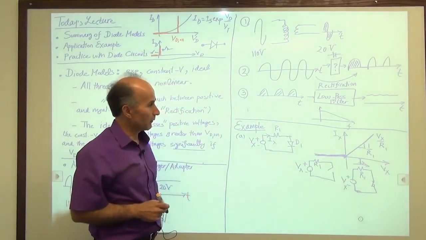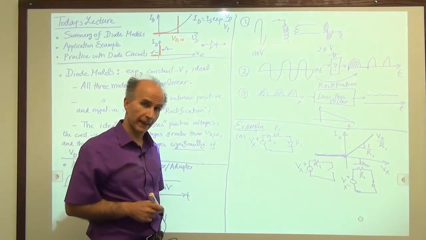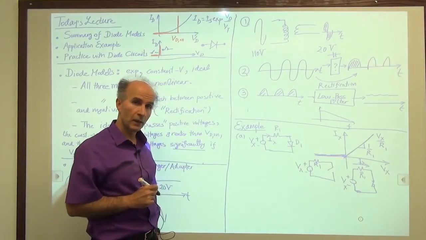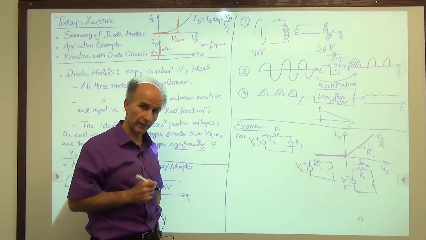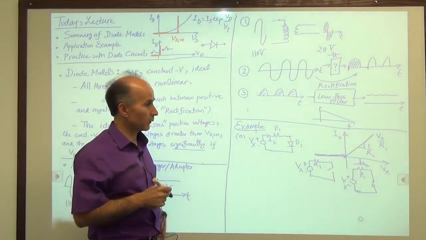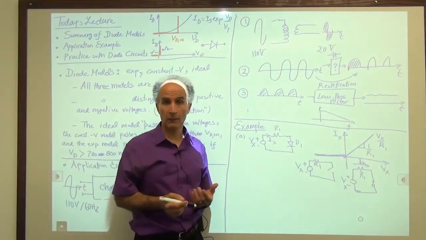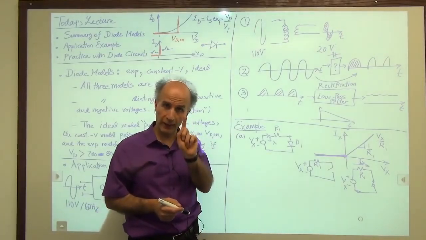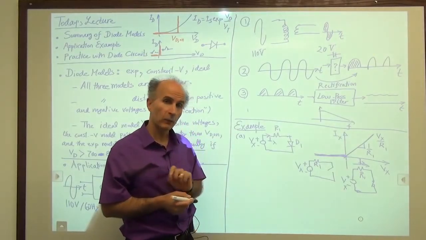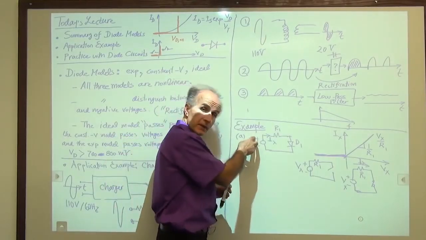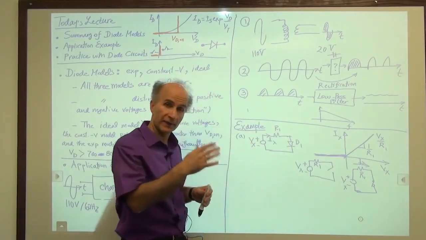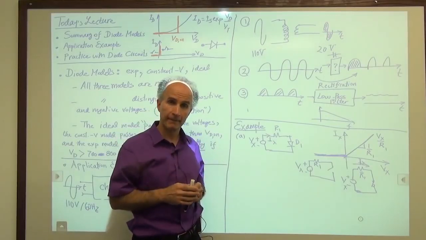All right, now before we go to part B of this example, I want to raise an important point in analyzing diode circuits. Let's say that we are given a circuit, and let's say we have one diode or more. We're just looking at one diode. And we are wondering if, for a given amount of this Vx, the diode is on or off.